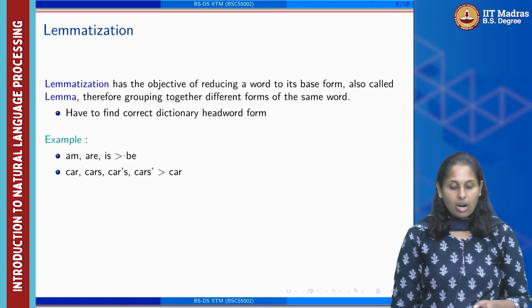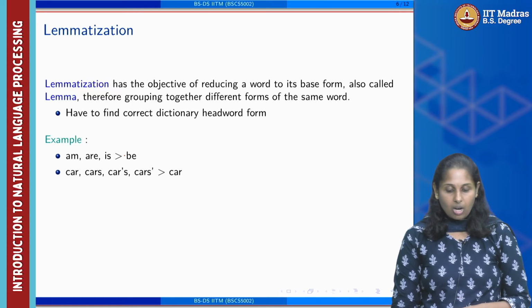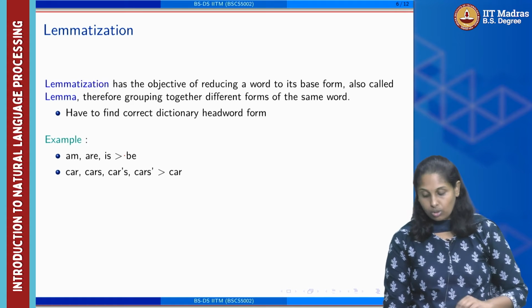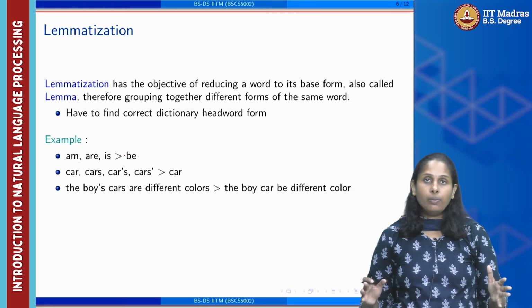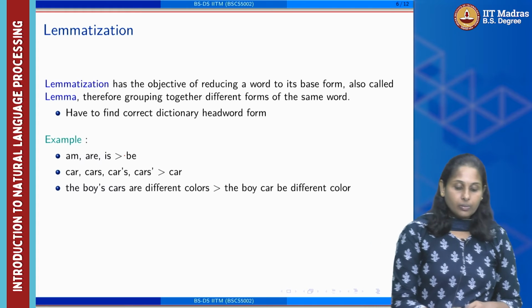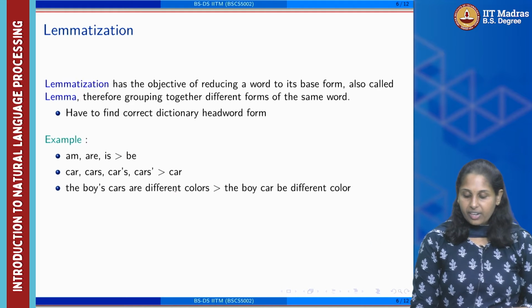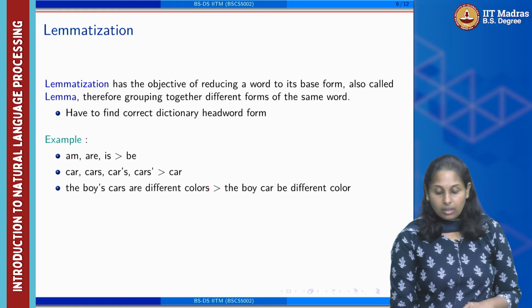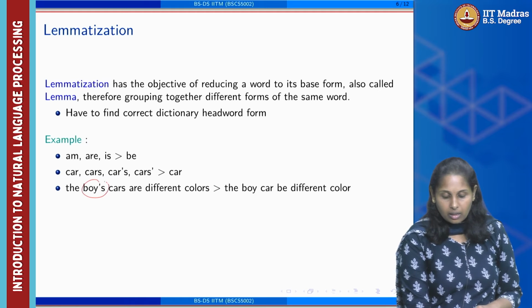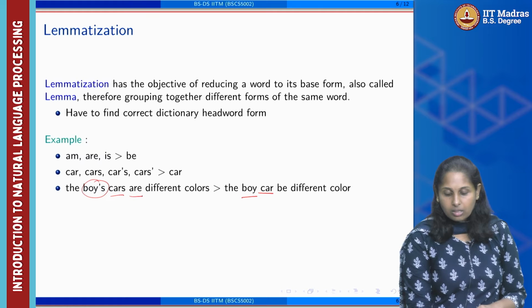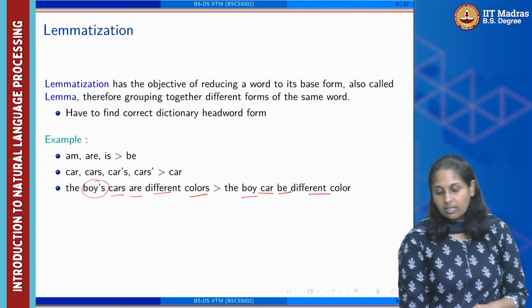Similarly, car, cars, car's, and cars' can be reduced to car as a head word. Now, if you have a context like "the boys' cars are different colors," the lemma of boys is boy, cars is car, are is be, different is different, and colors is color.